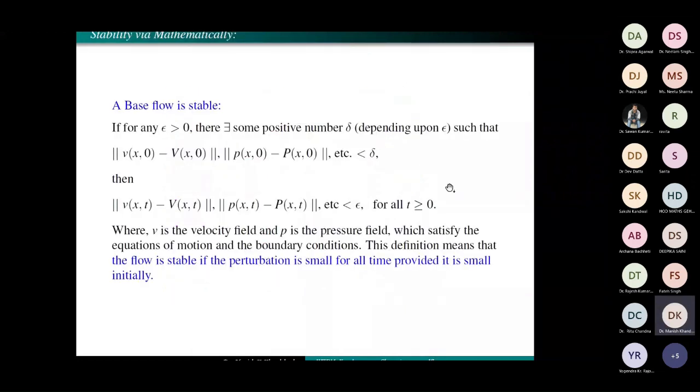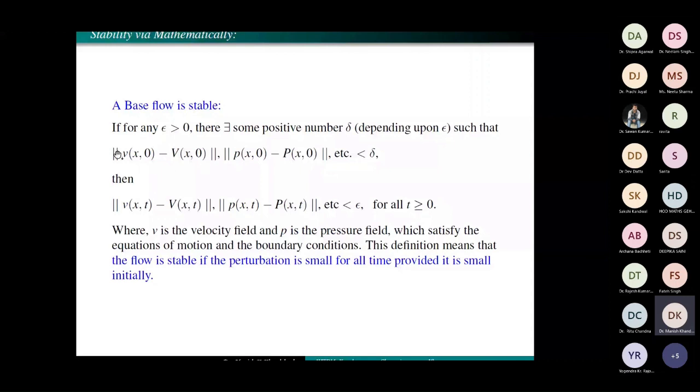Before explaining the problem, I will give a mathematical perspective of the stability. Suppose V denotes the velocity, P is the pressure, and this is the epsilon-delta definition in stability analysis. Suppose V is the original velocity and B is the basic flow; the whole difference is called the disturbance. This disturbance is initially less than delta.